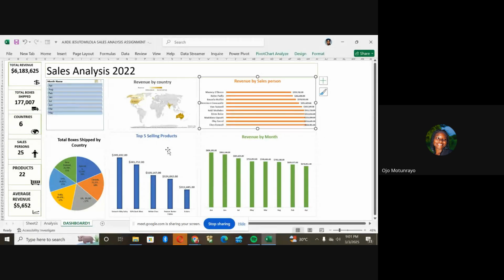At the same time, the colors are too much. We have blue, green, orange, yellow on a dashboard. It's actually too much. And talking about your total boxes shipped by country, your pie chart is very wrong, and so are your KPIs too.